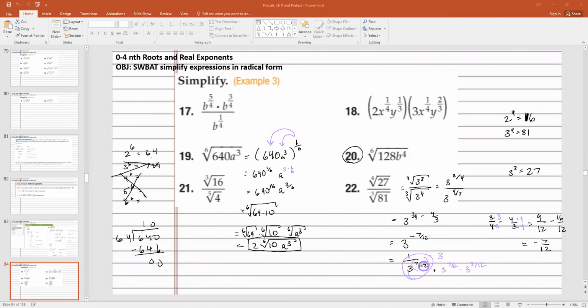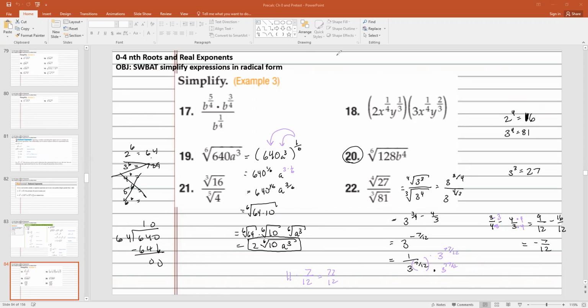Because it needs to cancel this out. So we're actually multiplying 11 of them. So 11 times 7/12 is going to give us 77/12. So we're going to multiply the top and bottom by 3 to the 77/12.